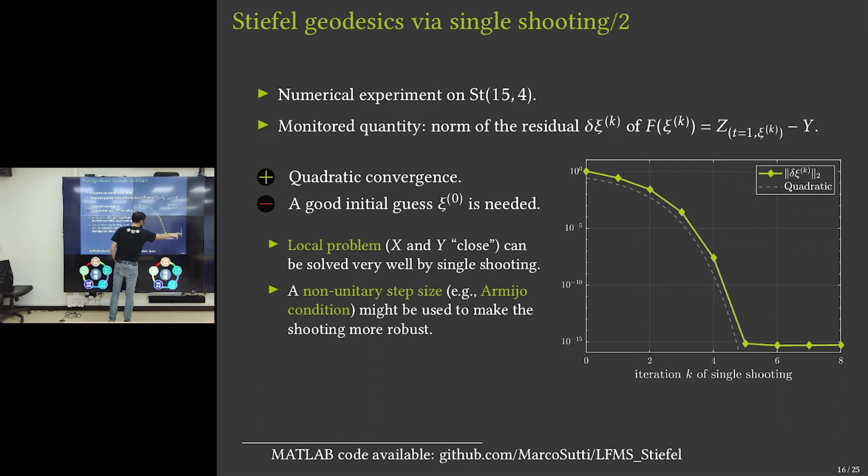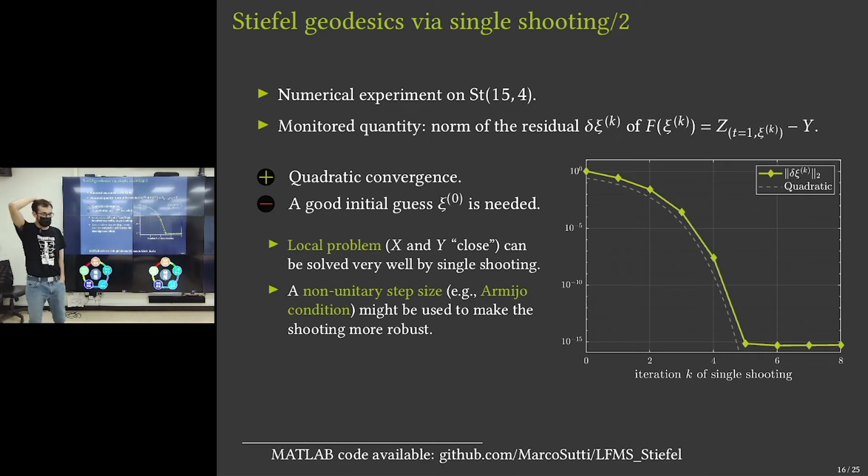Here you see a plateau, a stagnation, because we have reached machine precision. The default one in MATLAB is double precision, so it is around 10 to the minus 16. So it is a very fast method, because in 5 iterations it has converged to full machine precision.